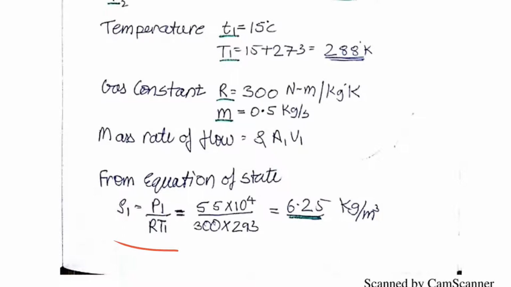We know P1, we know R which is 300, and we know T1. Substituting, we get the value of rho1 as 6.25. Since we have found the density, we can substitute here, and since we know the mass flow rate, which is 0.5, and we also know the area.